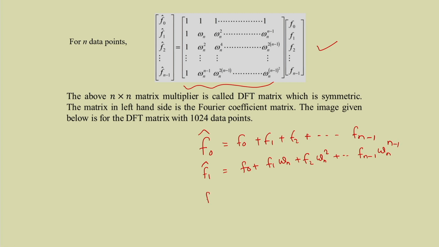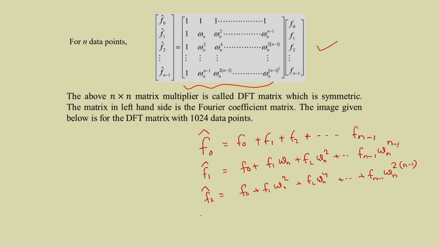Similarly, if you find f 2 cap, it again becomes f 0 plus f 1 omega n square plus f 2 omega n fourth, and this way up to f n minus 1 omega n to the power 2 times n minus 1.